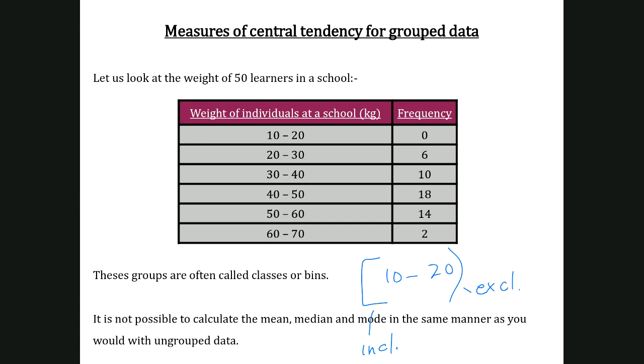So including 10 but excluding 20, which technically means 10 up until 19, because then the next one will start with 20. So this should actually read square bracket here, round bracket here for each one of these last values, because it's included only in one interval. It cannot be included in all of them.